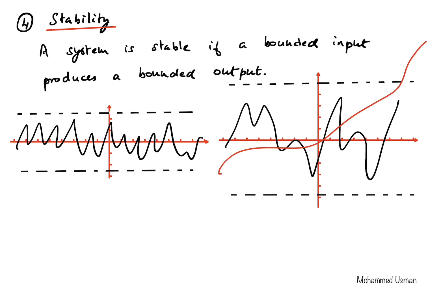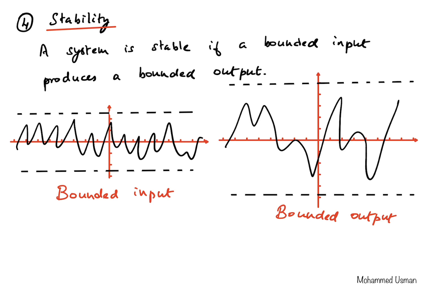Okay, the red one, at some point it has crossed the bound and it is continuing to grow as we keep giving the input. So that means the system is unstable. So this is what we mean by the stability of the system. A stable system produces a bounded output for a bounded input, and in contrast, an unstable system produces an unbounded output even when the input is bounded.